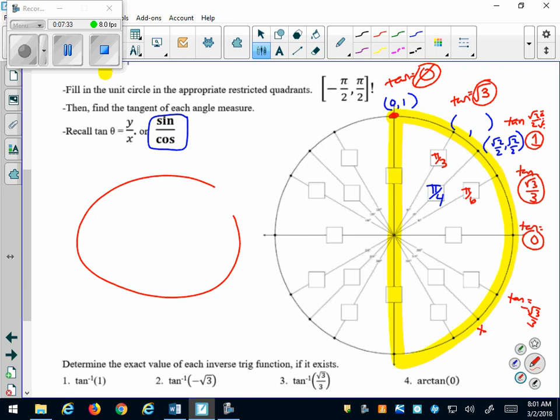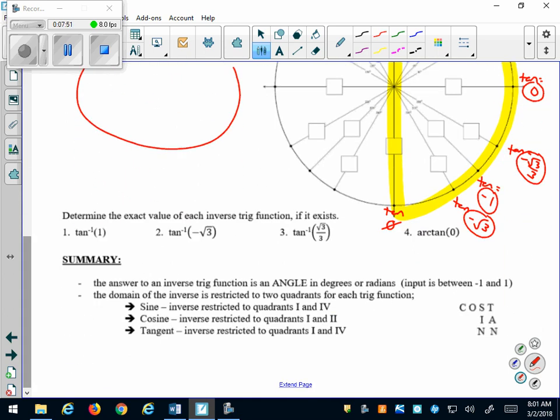Tangent here is negative 1. Tangent here is negative root 3. And the tangent here is also undefined. Anybody have questions on how we got those?